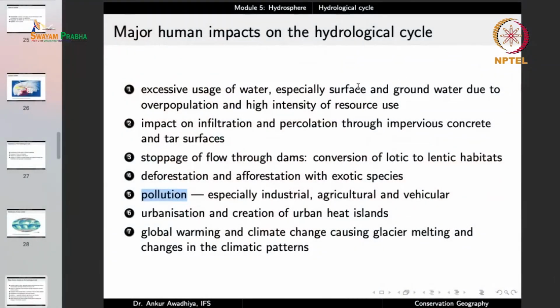At the same time, when we talk about precipitation, condensation can only happen when the temperatures in the upper atmosphere are low. Now, in this case, we are adding heat into the upper atmosphere as well. So this disrupts the hydrological cycle. We will not have that much amount of rains as we were having before. So this is another impact on the hydrological cycle, the creation of urban heat islands.